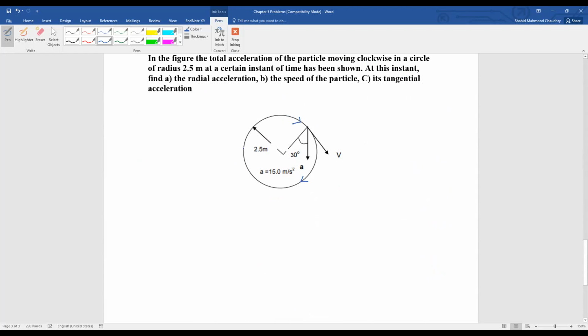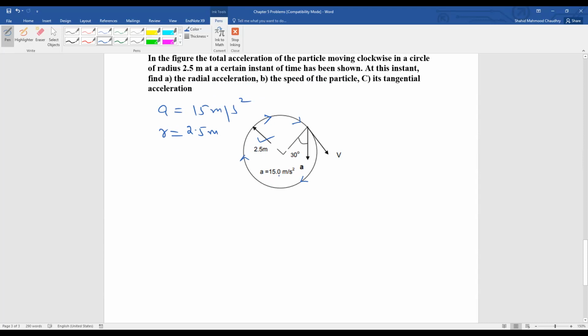The total acceleration is given: A is equal to 15 meter per second square, and the radius is 2.5 meter. At this instant, find the radial acceleration.